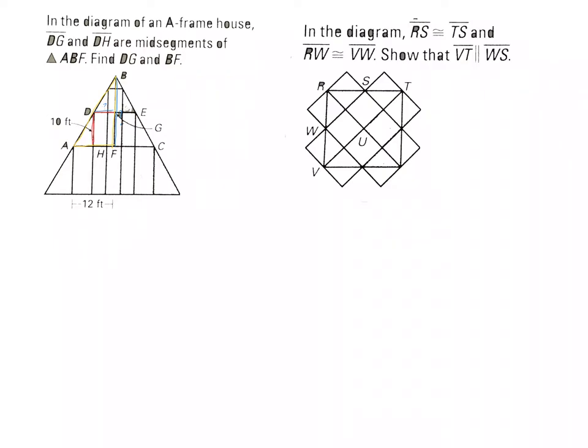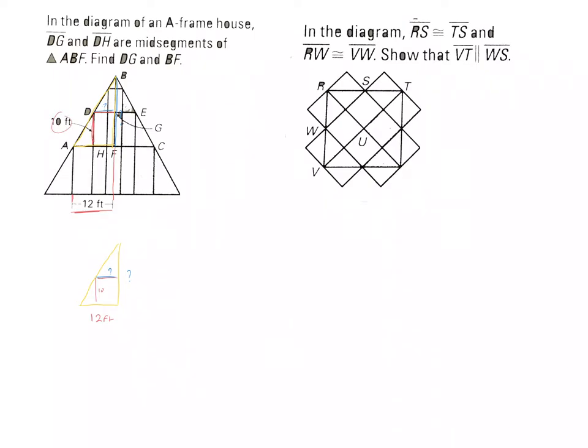Alright. Well, first of all, let's transpose that triangle out here just so I can see a little bit easier. Here's the length that I'm looking for. Here and here. Those are the two lengths I'm looking for. Now notice here it gives me this 12 feet. It says from right here to right here is 12 feet. So this length is 12 feet. And it tells me that this one right here is 10 feet.